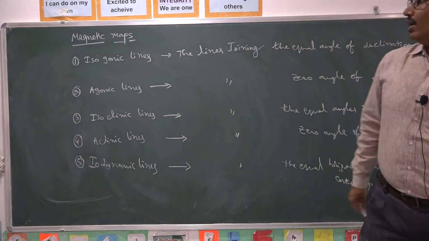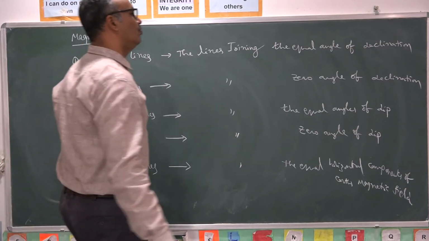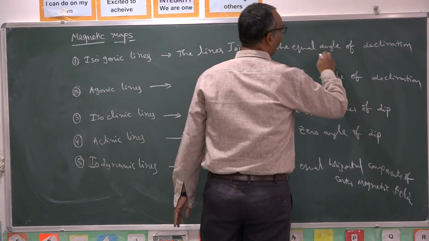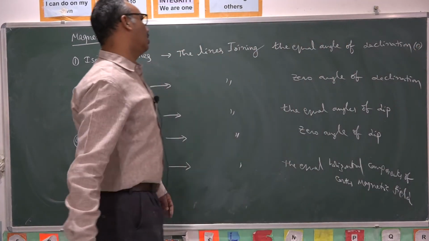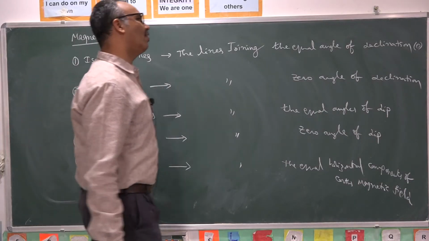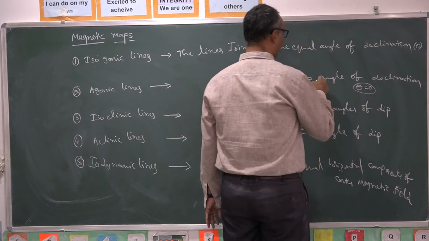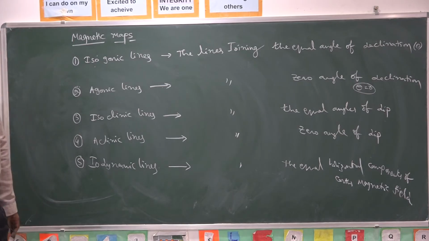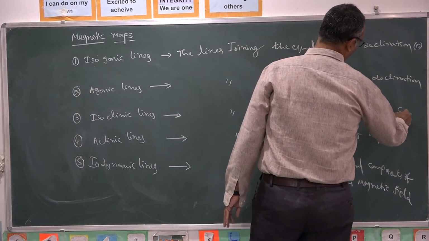If you observe clearly, isogonic lines join places with equal angle of declination, theta. Places with zero angle of declination, theta equal to 0, are joined by a line called an agonic line. Isoclinic line means equal angles of dip, where the angle of dip is delta.